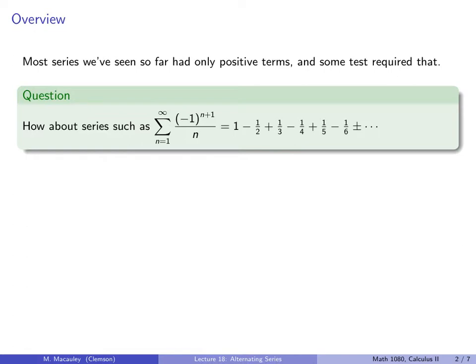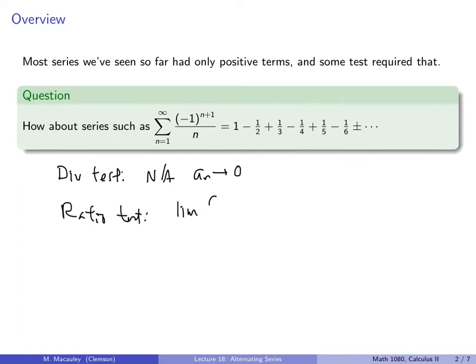The divergence test does not help. This does not give any information because the terms go to 0. So what about the ratio test? Here, the limit of the absolute value, we could just ignore the negative terms.